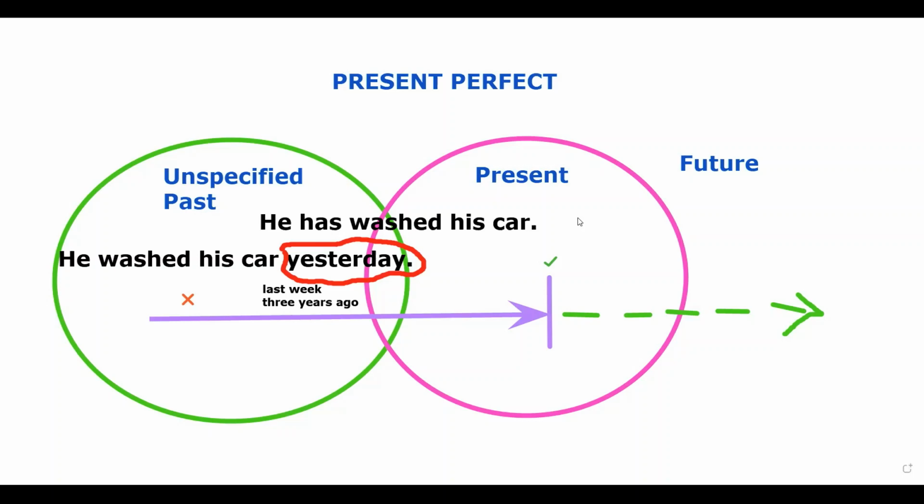For example, let me put it in a different color and put it somewhere here. So the example is in present perfect tense. When we ask a question, we put have before the subject.